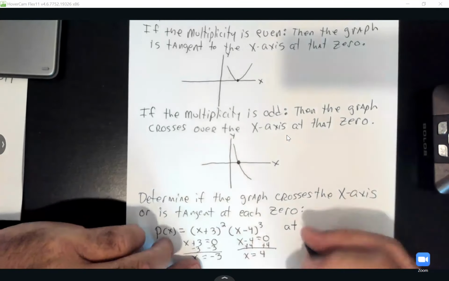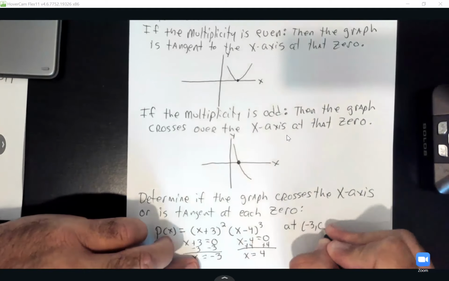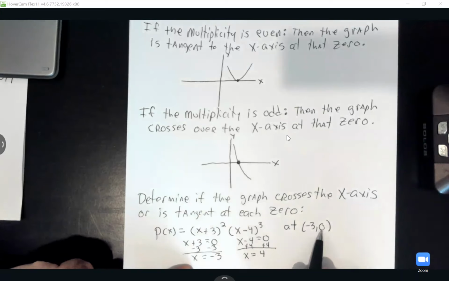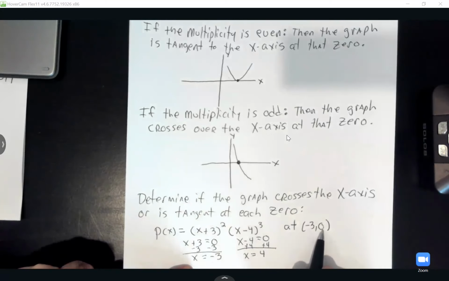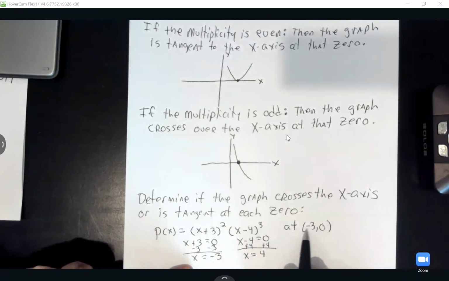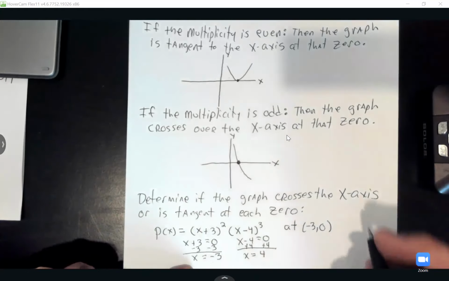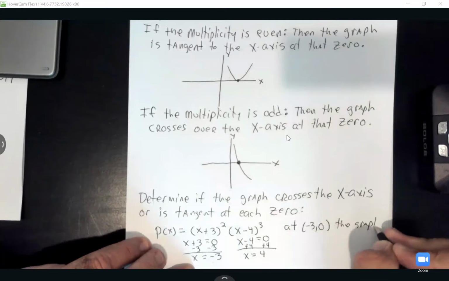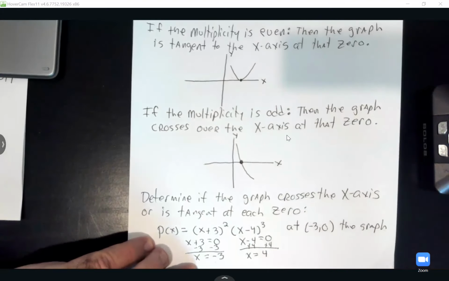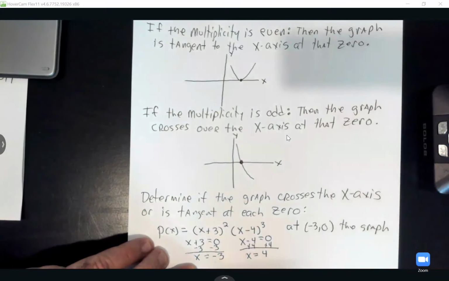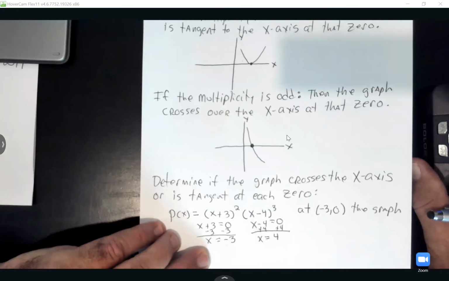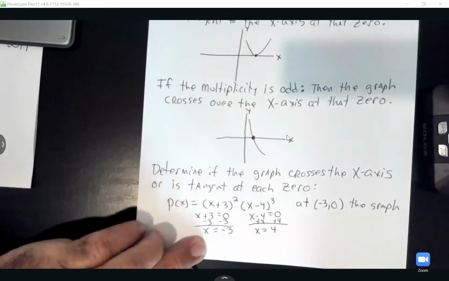So at the point -3, 0, because remember, a 0, if you set it up as a point, will be -3, 0. At this point, the graph, well, the question is is it going to cross over or is it going to be tangent? Which exponent do you choose to use?